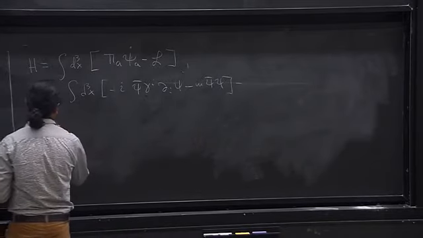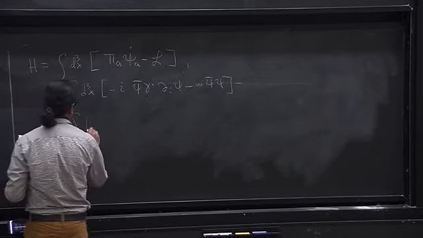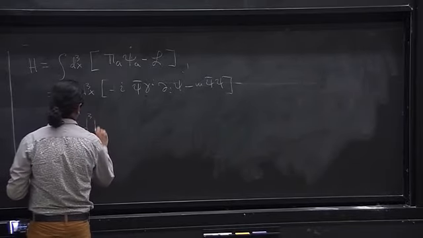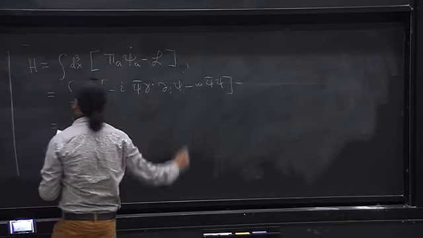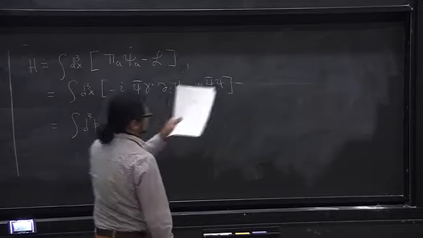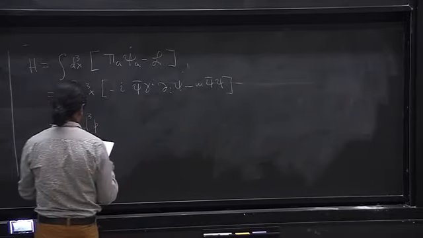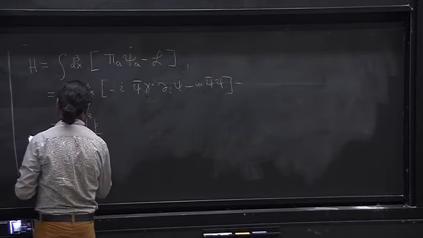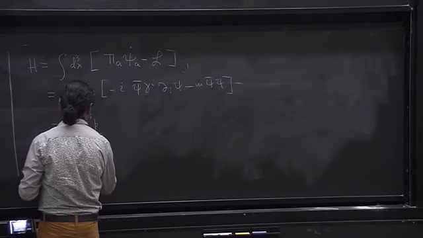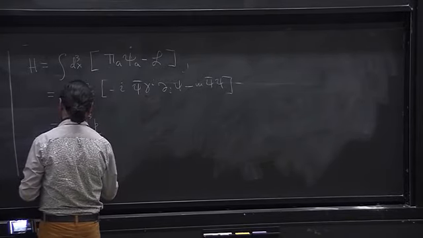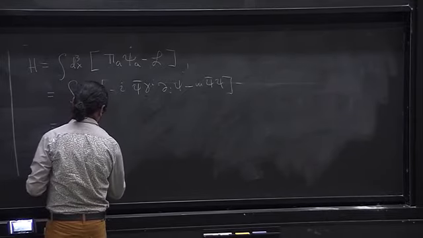Now, if you express this Hamiltonian in terms of the mode operators, so you express psi and psi bar in terms of its mode expansion and use anti-commutators, then you can find, and I encourage you to do this calculation, I did it at some point.